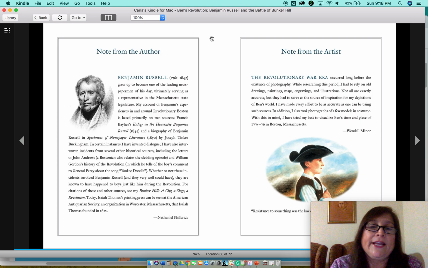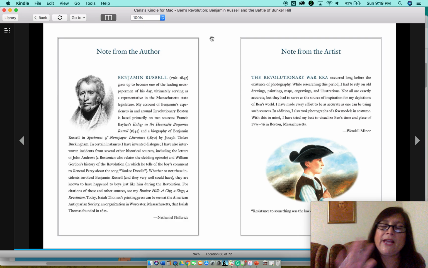He died in 1845, grew up to become one of the leading newspapermen of his day, ultimately serving as a representative in the Massachusetts state legislature. My account of Benjamin's experiences in and around revolutionary Boston is based primarily on two sources. So he has two primary sources, that's where he got the most information from.